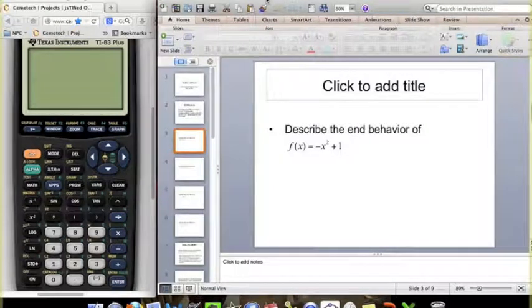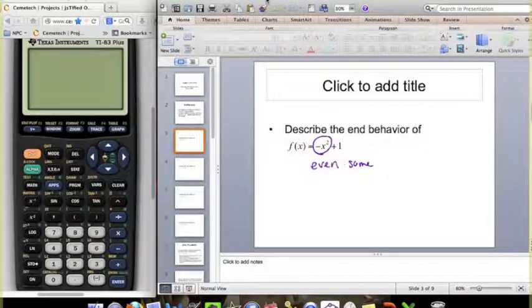Okay? So in our first example here, what we want to do is locate the highest powered term, and that's really all we care about. We don't care about anything else in the equation, just whatever that highest powered term is. Then we want to look at the power. The power in this one is even, which means that our two ends are going to be going the same way. Either both up or both down.